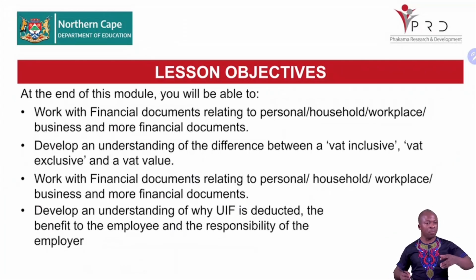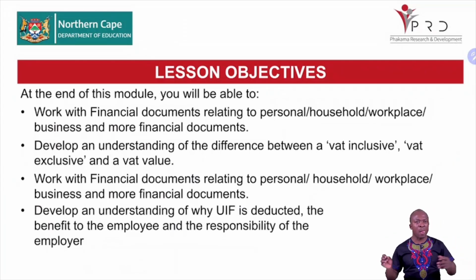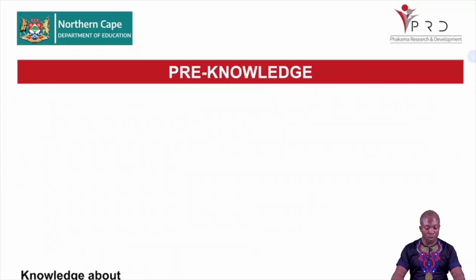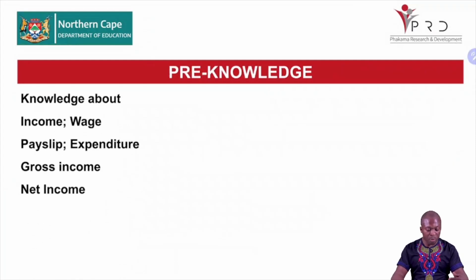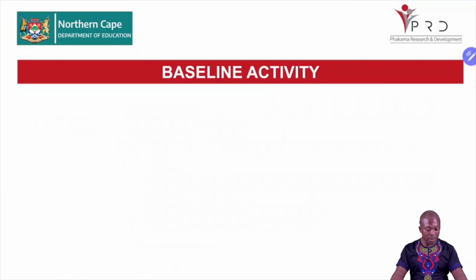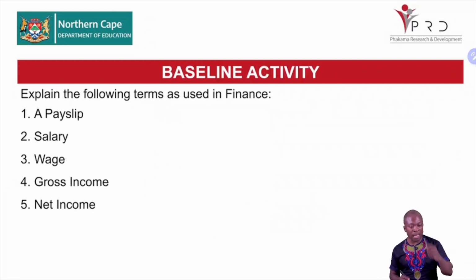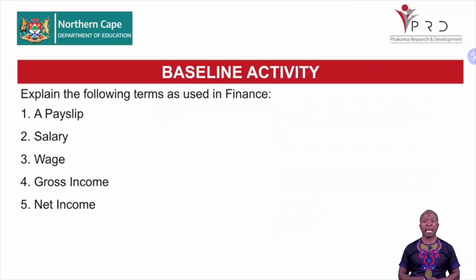If you were watching the previous lesson, you saw that we managed to go through most of these points. They are still the same here because we are talking of the second portion. Remember, I did ask you about pay slips, income and expenditure, all those questions. Now, I gave you this point as the baseline. I am asking you again, since that time, have you been able to remember to write this one?